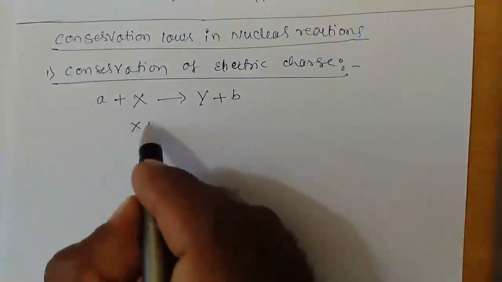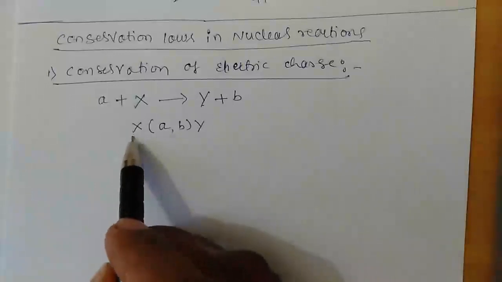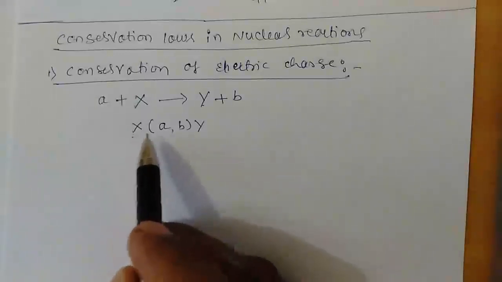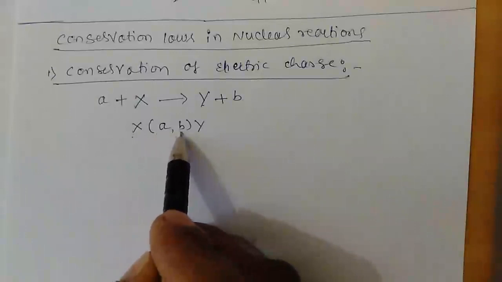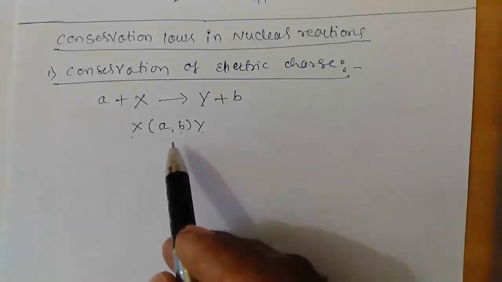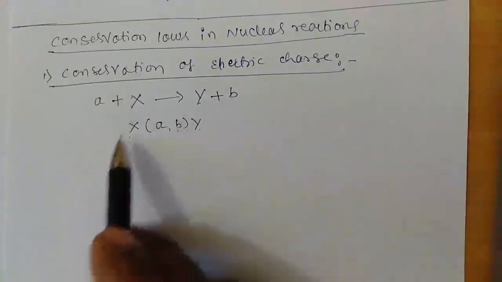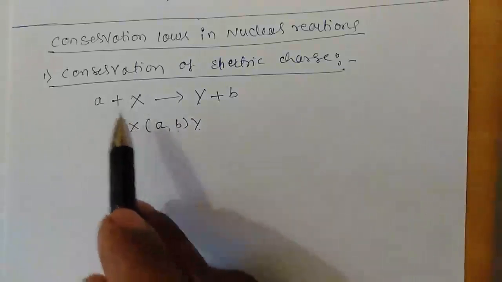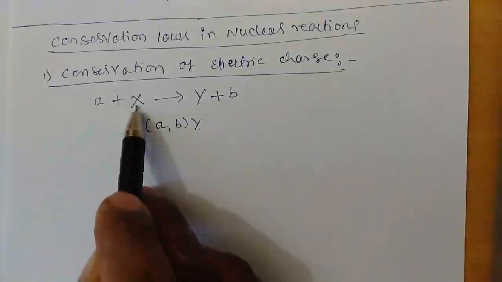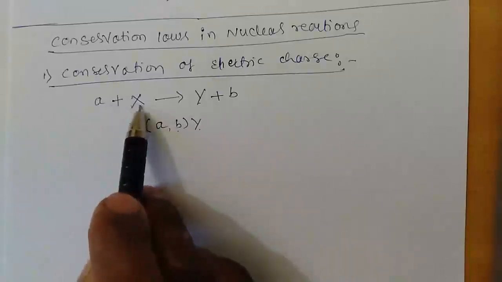This equation can also be written in a format like this: X is the target nucleus, followed by the projectile and the ejectile in brackets, and next we have the residual nucleus, or product nucleus. This is our nuclear reaction equation. The target nucleus and the projectile are commonly called the reactants.